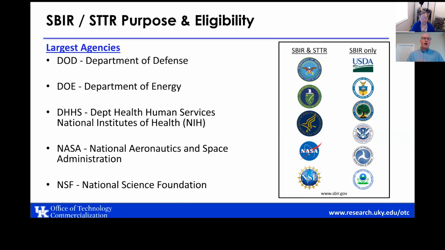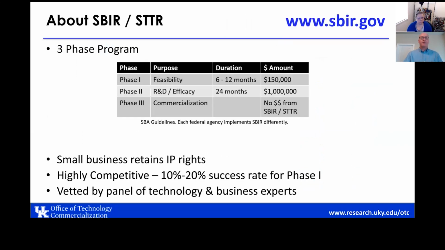It's important to know, as we talk about what the SBIR program is, that each of those 11 federal agencies has a unique SBIR program. So it's important to know which federal agency you're applying to and make sure that you understand the rules of that federal agency.